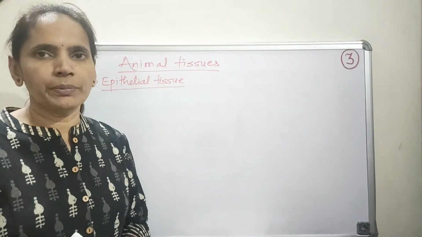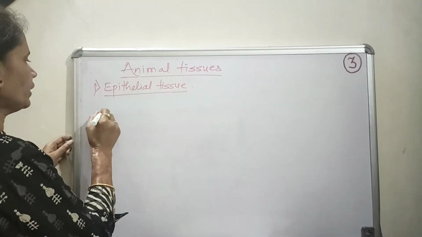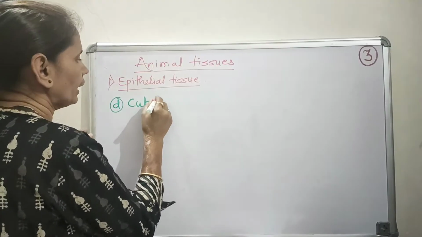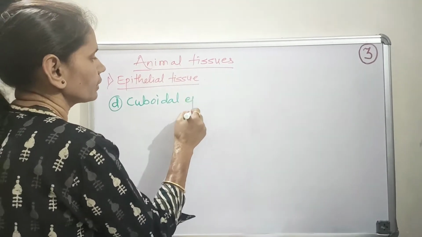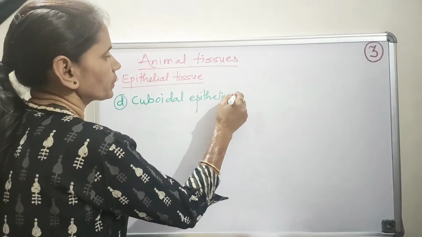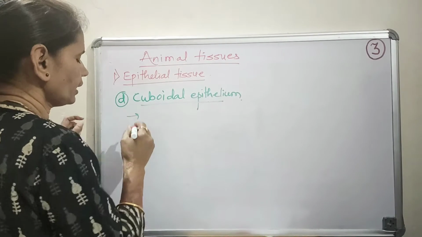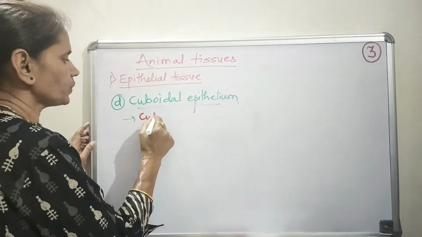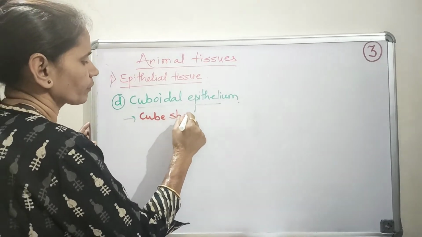The next type of epithelial tissue is the cuboidal tissue, or cuboidal epithelium. As the name suggests, the cells are cube shaped. The characteristic feature of cuboidal tissue is that the cells are cube shaped, or cuboidal.